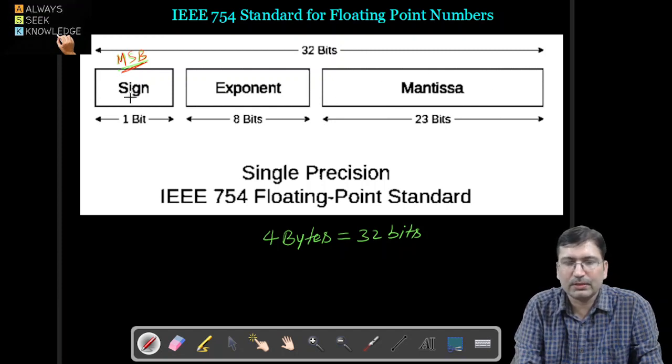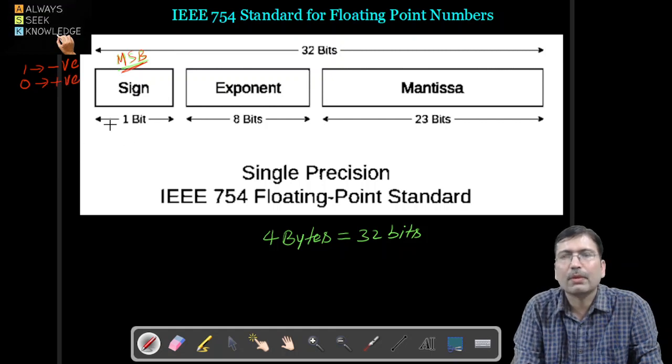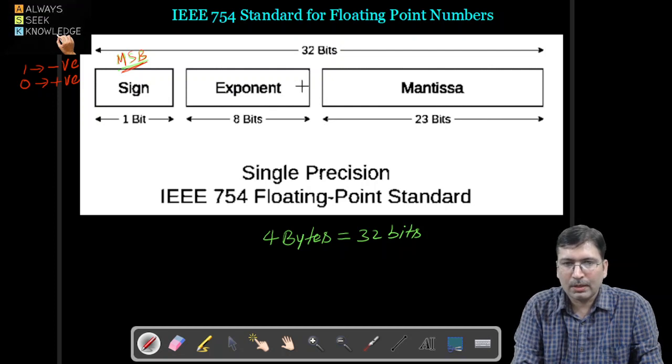If this bit is 0, that means the number is positive. 1 will represent a negative number and 0 will represent positive, right? Now the next 8 bits from the MSB side, in single precision format, will represent the exponent.